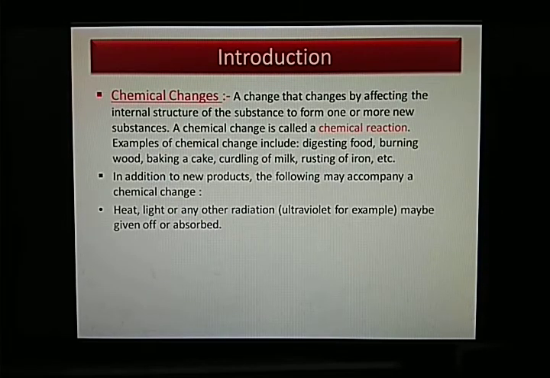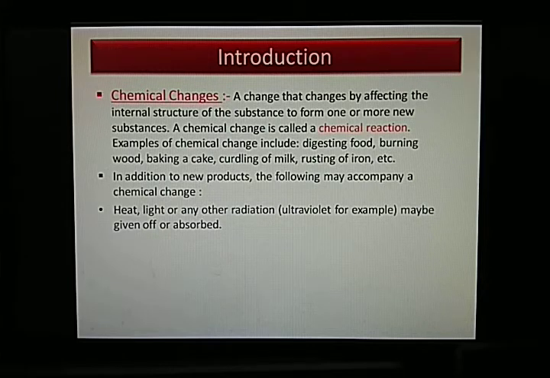In the neutralization process, where base and acid form the salt, there also some heat is released. Why is it released? Because it is a chemical change. It is a chemical reaction.